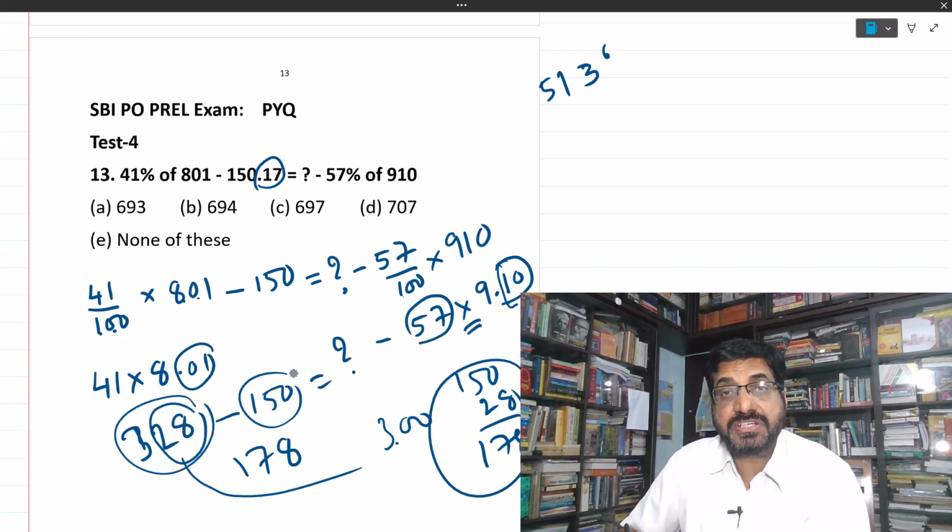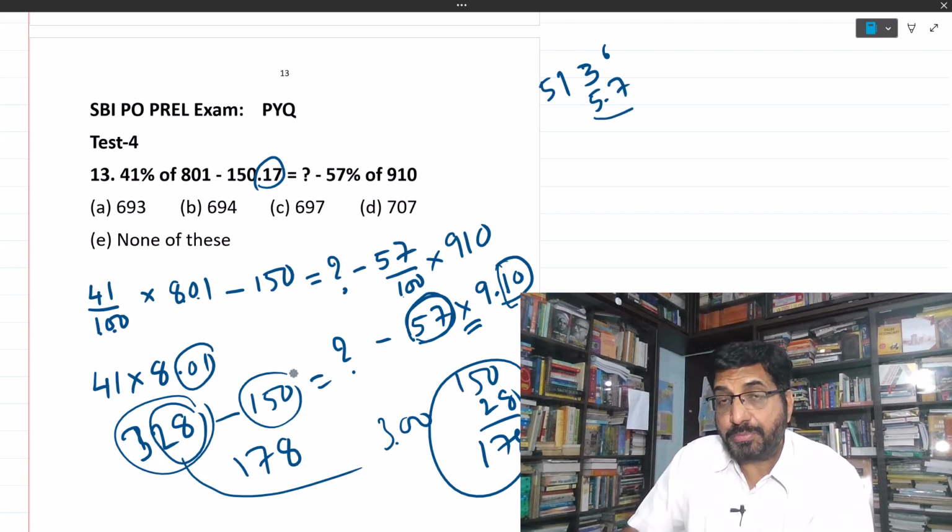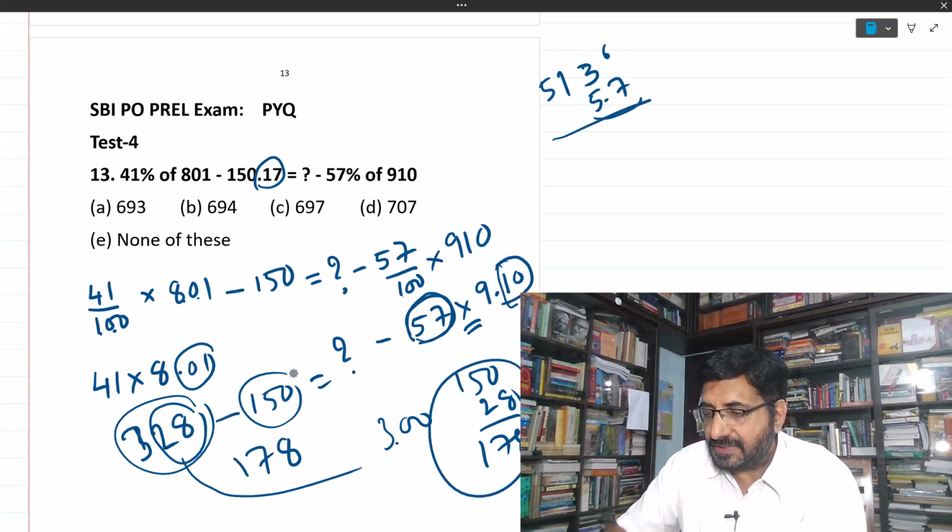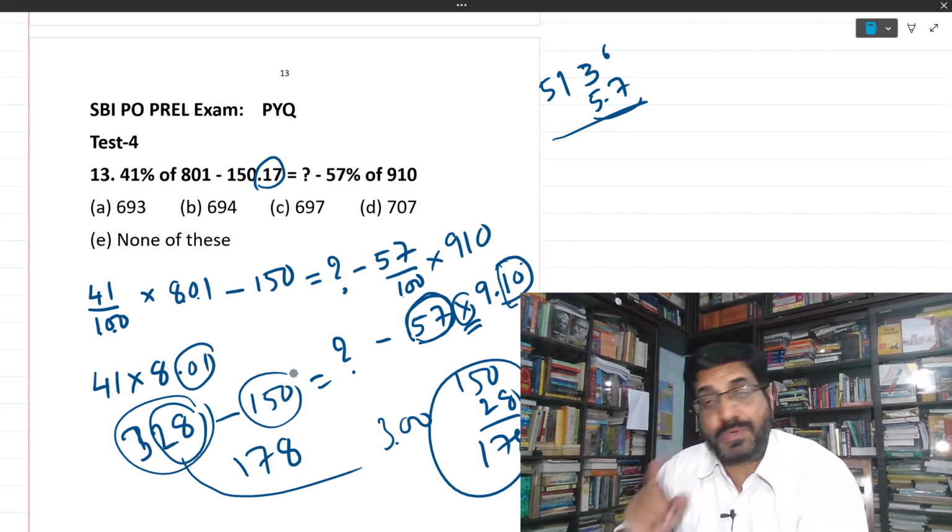Even though it is 0.1, because you are multiplying with 57, it will become 5.7. So 5.7 is a big number compared to 0.1, so you have to add it. If it is plus or minus, then you can neglect. Since it is multiplication, you are not supposed to neglect that 0.1.